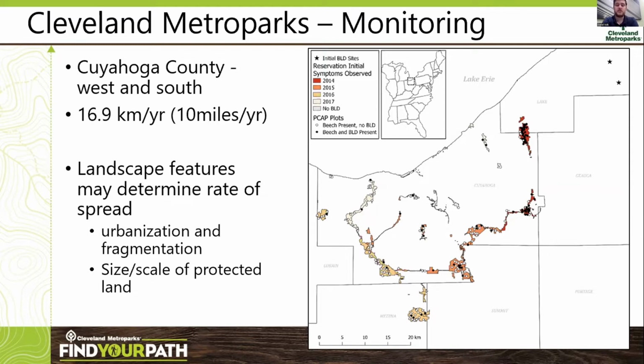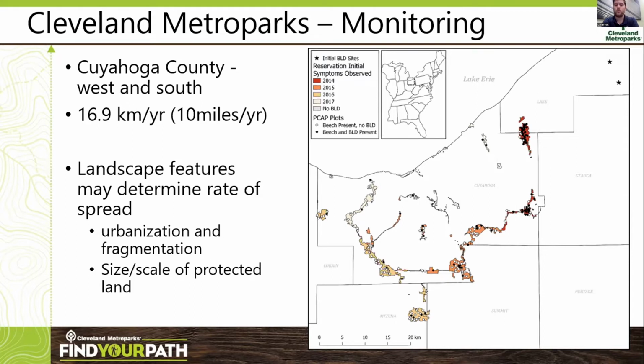And so one, Cleveland is a very highly urbanized and fragmented area. Not a lot of natural areas. We've got a lot of development, a lot of housing, and then thinking about the size and scale of the protected land as well, potentially providing vectors or avenues for continuing to spread, dispersal corridors.